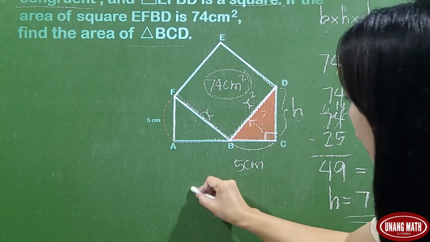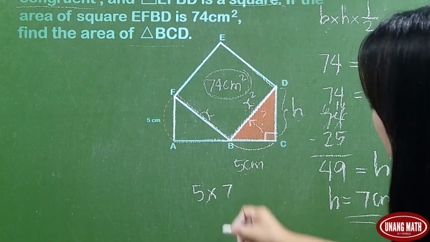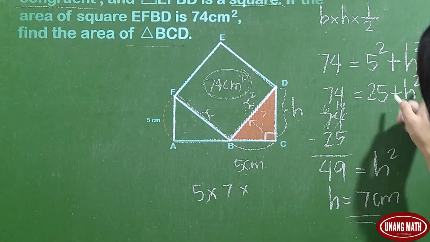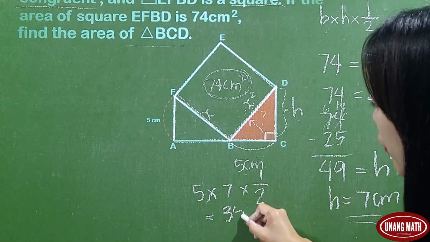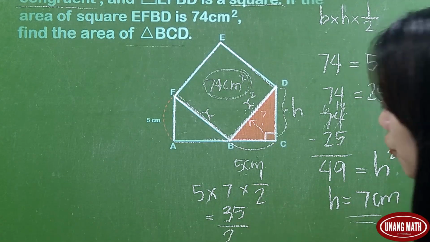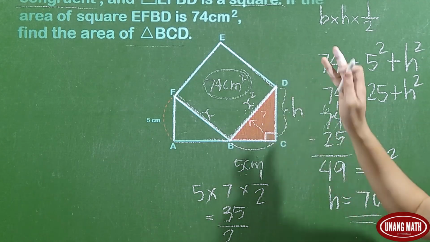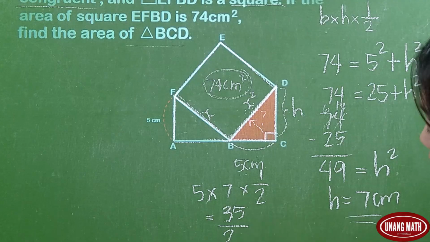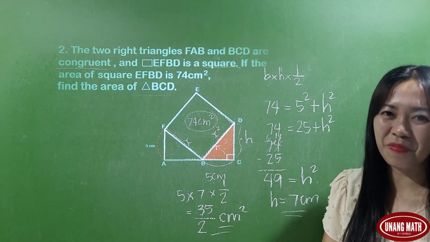The base is 5, the height is 7, and we multiply this by 1/2. So this is 35 over 2. So the area of this right triangle BCD is 35 over 2 square centimeters.